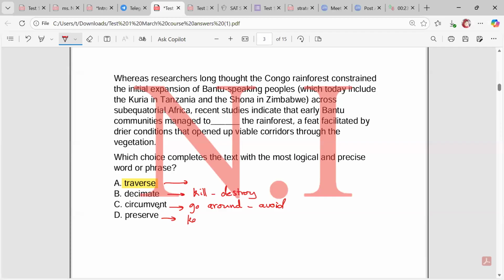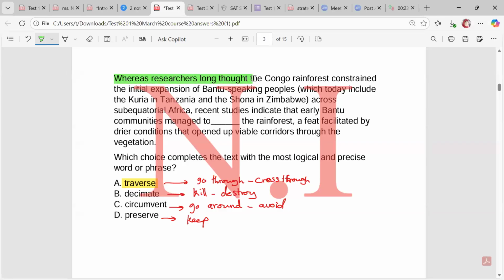Preserve means keep. And traverse means go through, cross, or cross through. Let's see which one can fit in here.